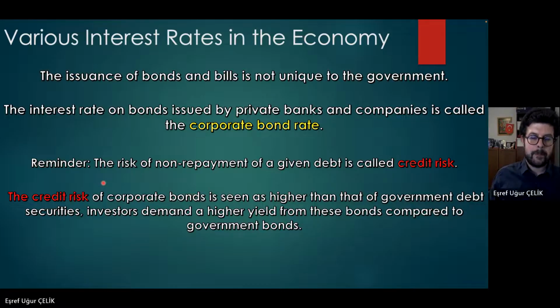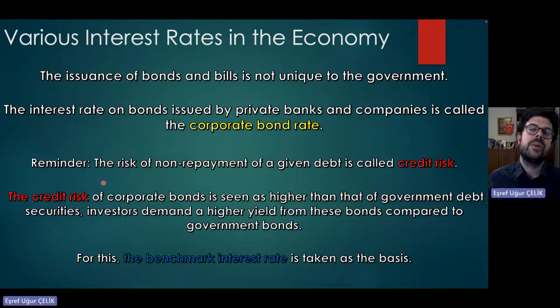My personality doesn't like risk. That's why I mostly choose the government bond. But if you like risk and like a high gain or high yield, you can choose the corporate bonds. It's up to you. It's related to your personality.